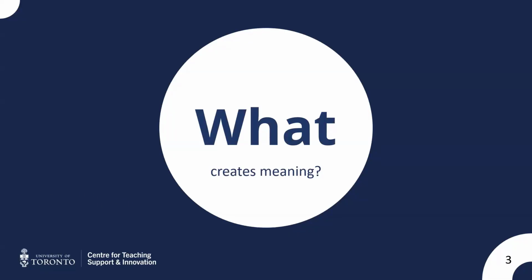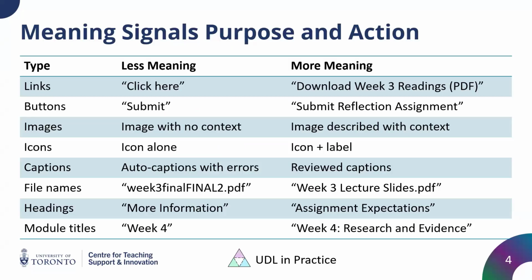So meaning in digital course materials is often created through signals that help learners understand the purpose and the action. So in other words, we're trying to help learners understand what something is, why it matters, and what to do with it. On the slide, we are comparing examples where we're working with different types of materials, and we're giving an example of when something has less meaning and when it has more meaning.